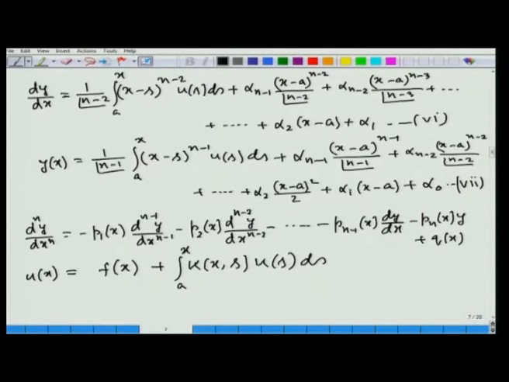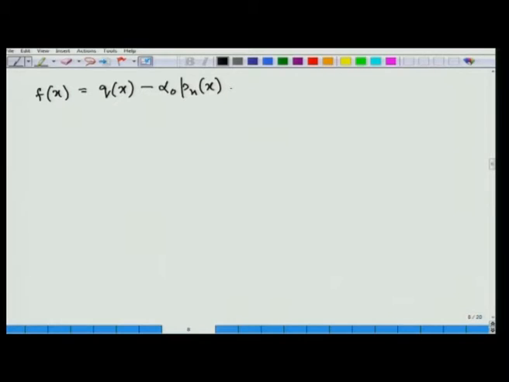So, alpha 1, this x minus a, will be multiplied with p n, and alpha 1 will be multiplied with p n minus 1. So, therefore, it will be minus alpha 1 then x minus a multiplied with p n x plus p n minus 1 x. Then you can write the coefficient of alpha 2, it will be one expression.